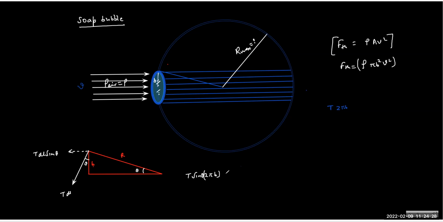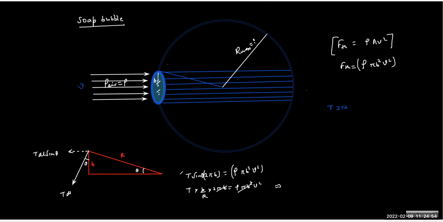And this is equal to rho into pi b square into v square. And sin theta is b by R. So pi b square will cancel out.